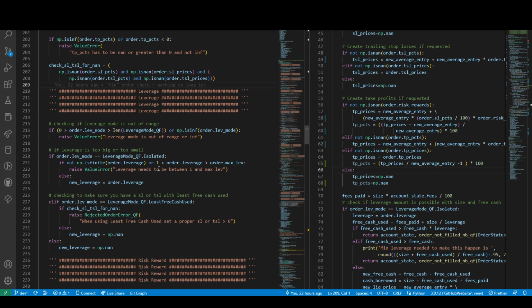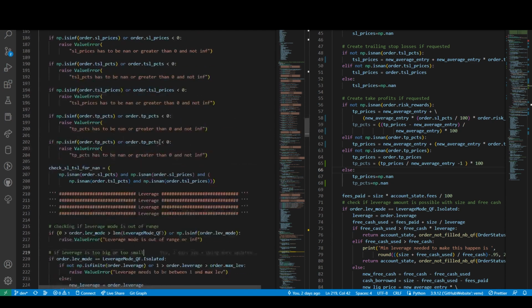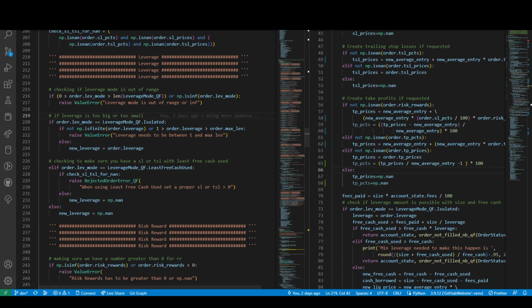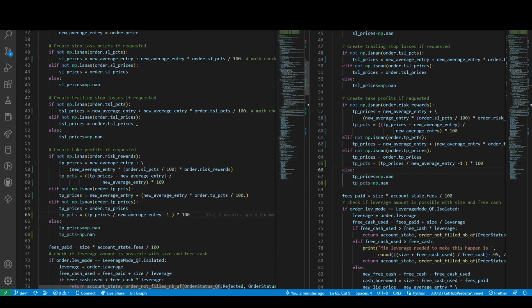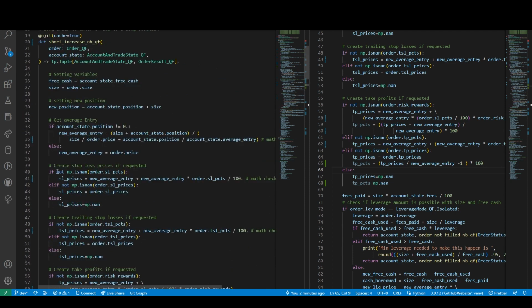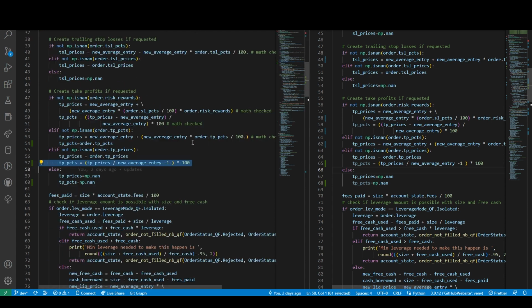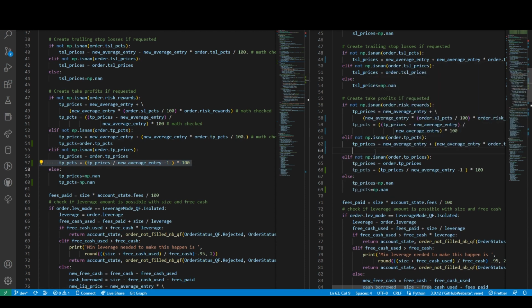Oh boy. So the take profit has to be greater than the current average entry. And we don't get the average entry until we come over to these functions here. So the stop loss. Oh boy. TP percent equals.